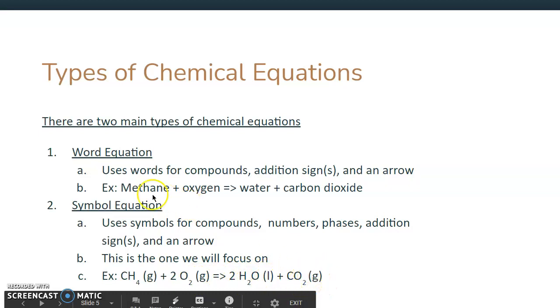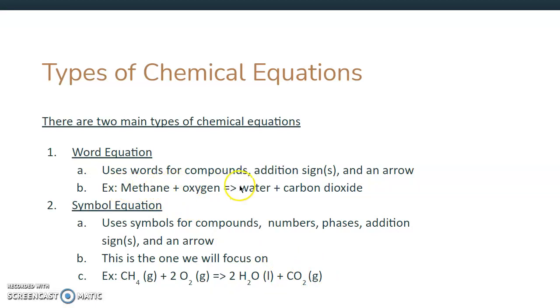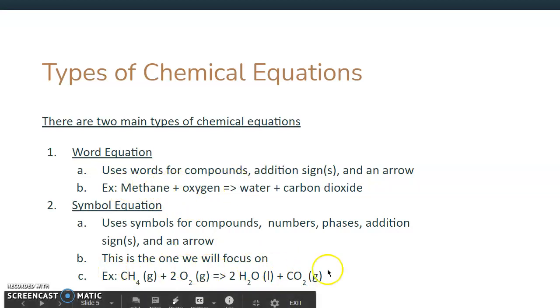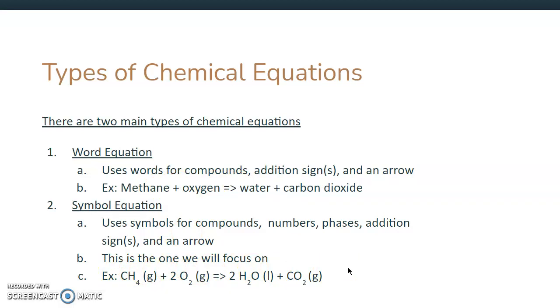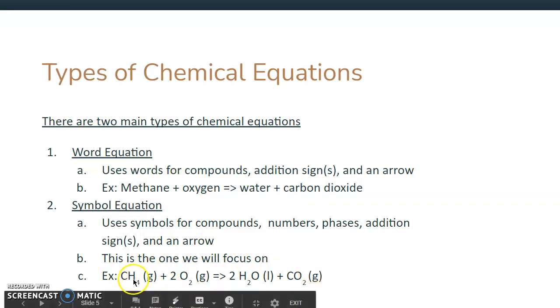So the same exact equation up here in our word equation looks like this as a symbol. When we have, for example, the CH4, that's saying that we have 1 carbon atom with 4 hydrogen atoms all attached in that compound. So that is some of the notation.